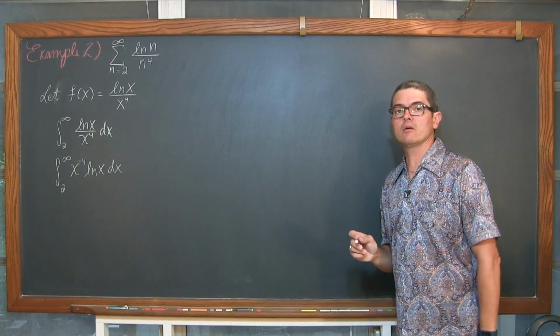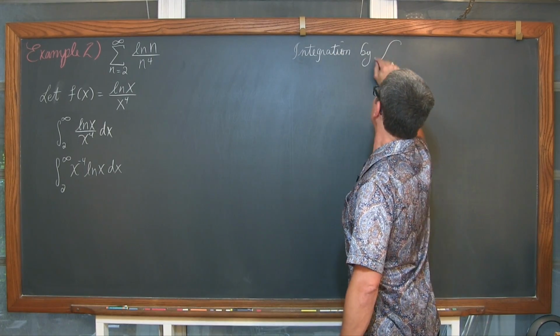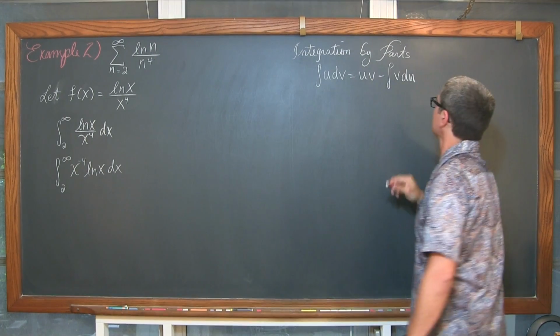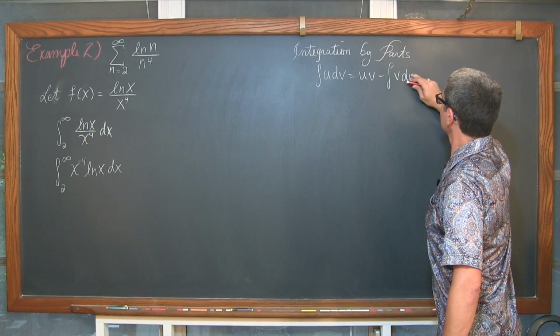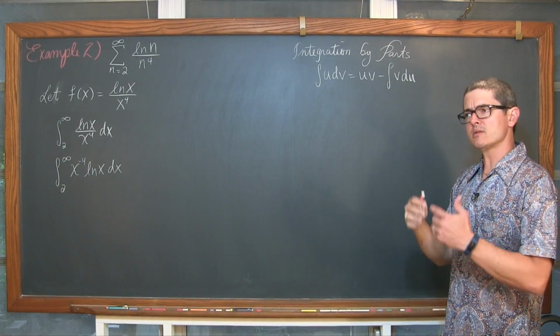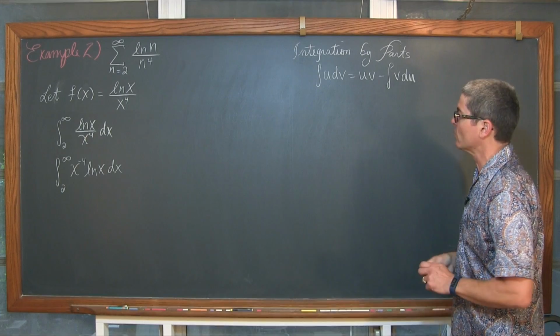That is going to require integration by parts. And when setting up your integration by parts, you're looking for the part of your integrand that is most complex that you can still integrate using a basic integration rule.